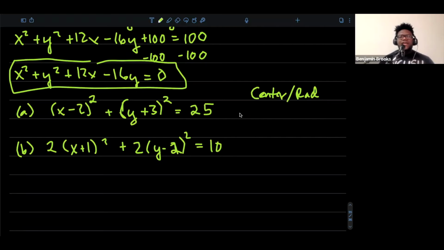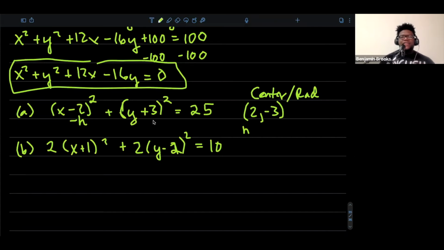So for A, we got the center would be (2, -3), because remember it's x minus h. If it's minus h, then positive 2 is actually going to be our h value.